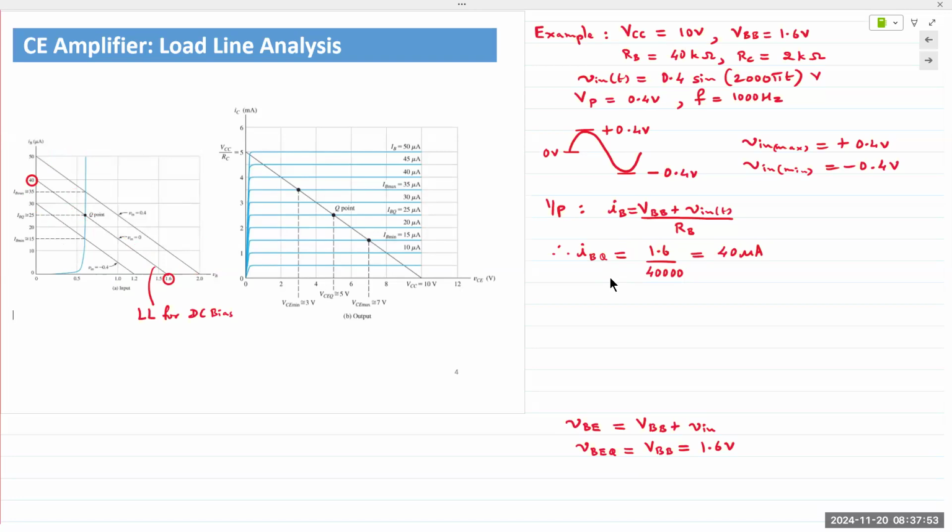And that is easily found by plugging in the values of Vin of T. So IB max would simply be 1.6 plus 0.4 divided by 40,000. And that gives us 50 microamps, 2 divided by 4.